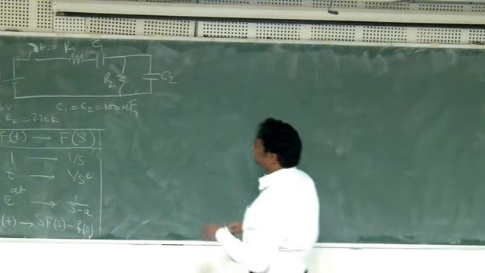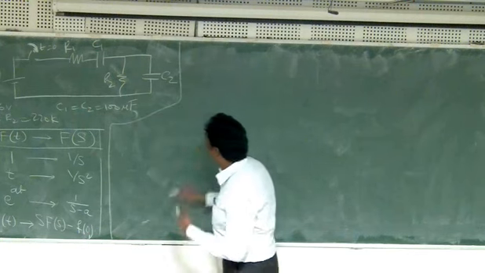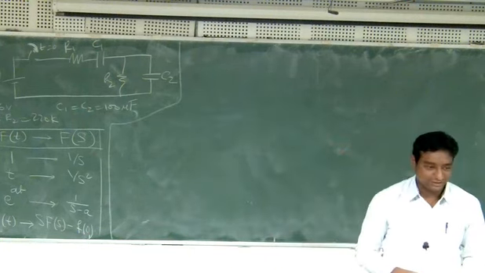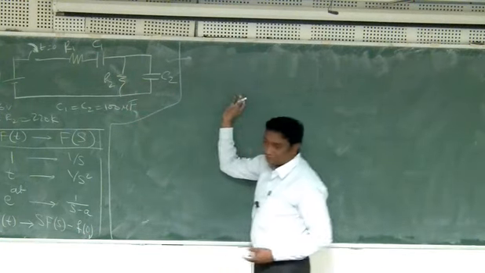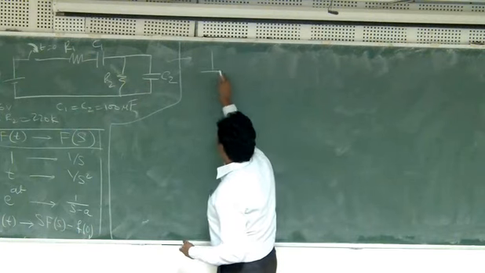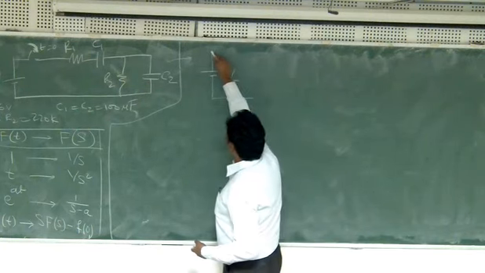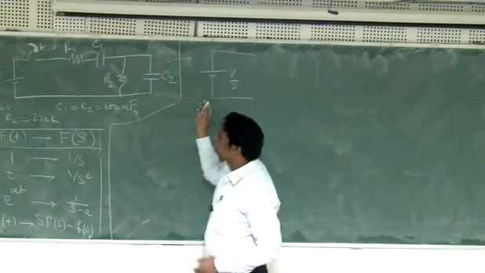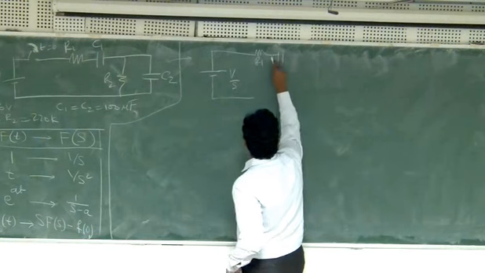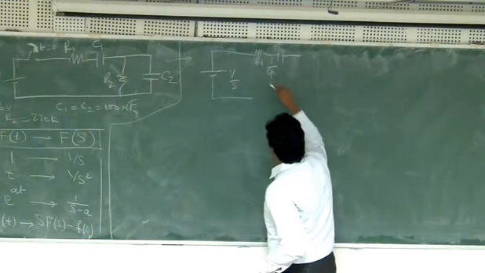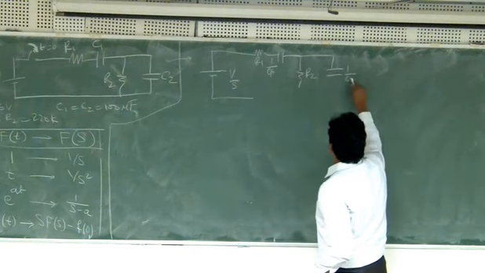From what we have discussed, last time we were quickly doing it, but let's revise it again. This is in the time domain; if I transfer it into the Laplace domain, we get the same circuit like this, V by S, because it's a constant, so it becomes divided by S. R1 remains R1, and this one I'll write as 1 by C1S, and this one is R2, and this is 1 by C2S.